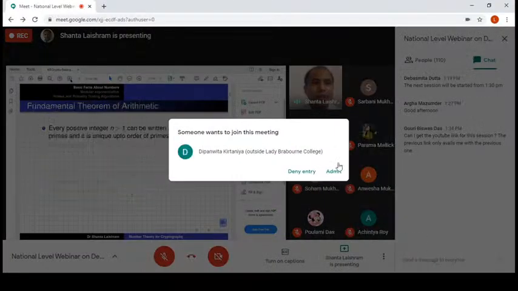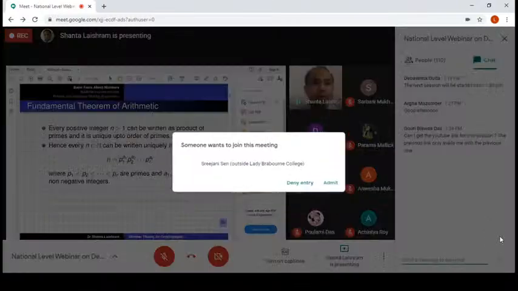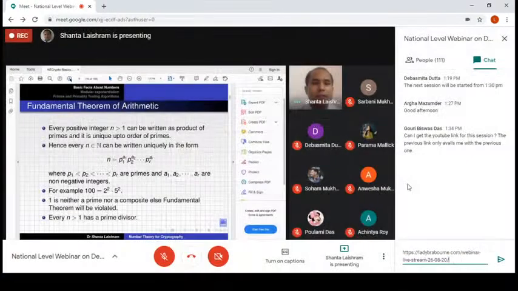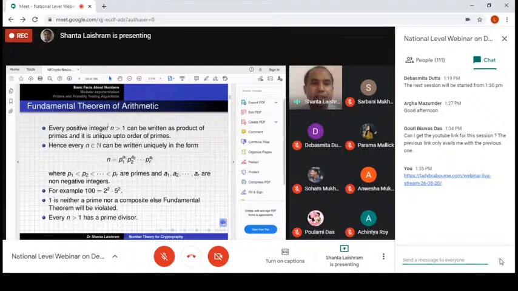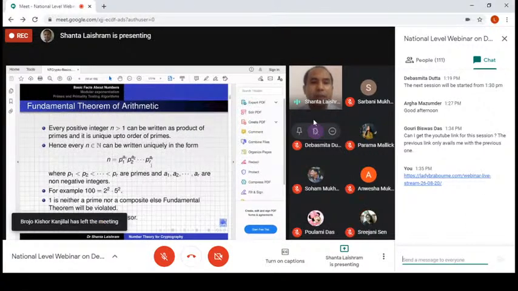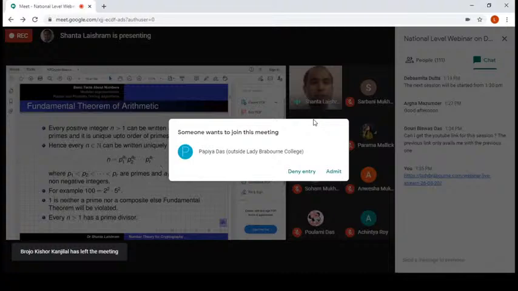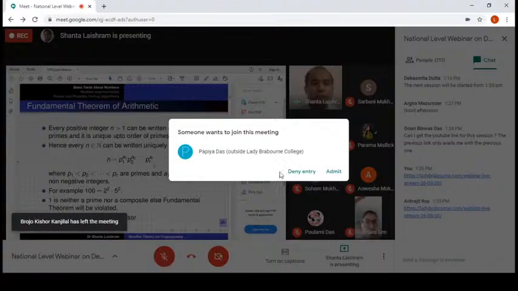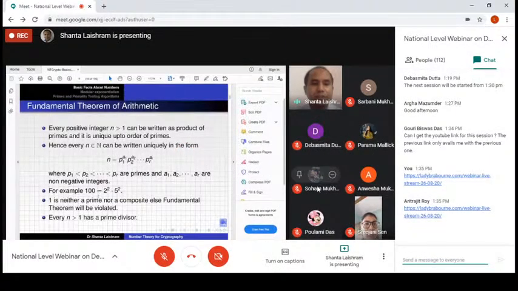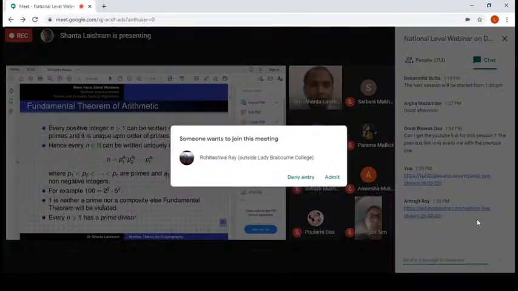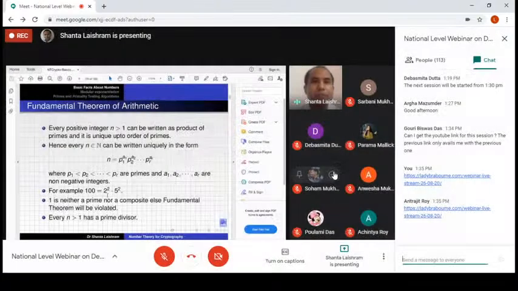Actually, it comes from the fundamental theorem of arithmetic, which all of you know: every positive integer can be written uniquely as a product of prime powers. So 100, as you can see, you can write as 2 squared times 5 squared. Now, if 1 is a prime, then it's going to violate the fundamental theorem of arithmetic.